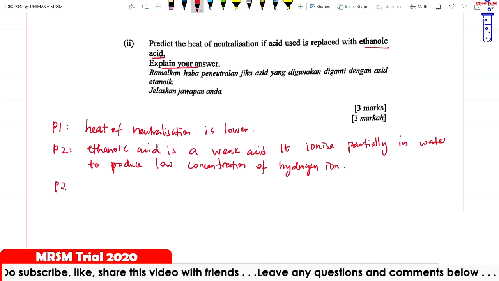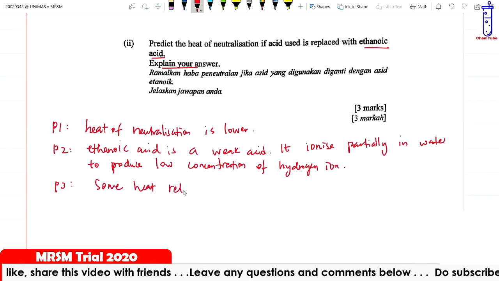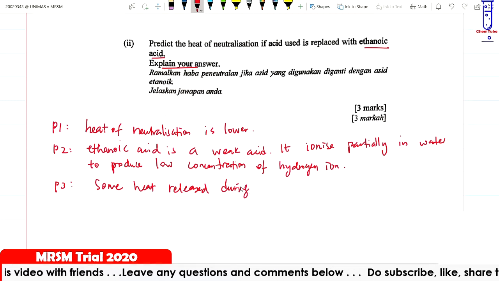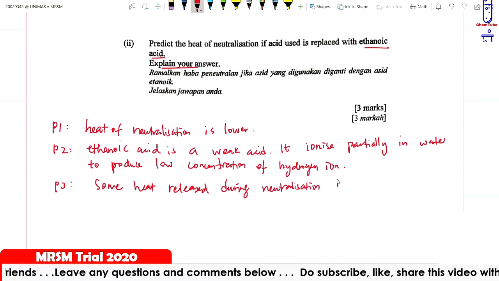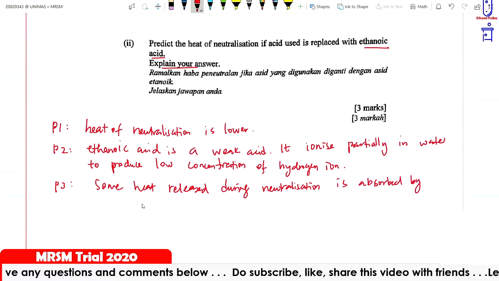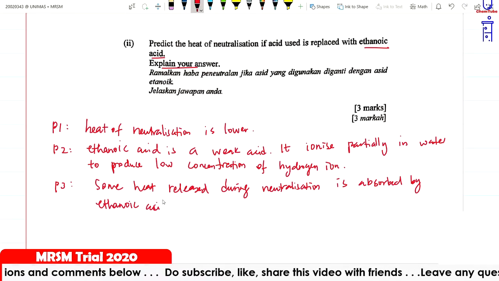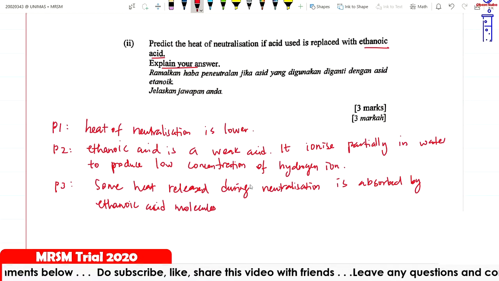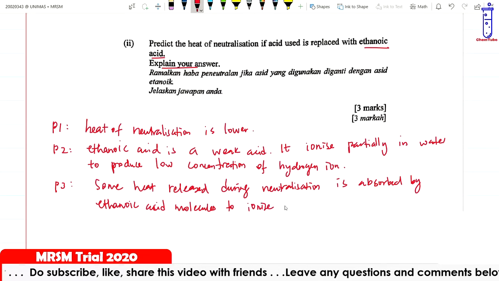Point number 3, some heat released during neutralization is absorbed by the ethanoic acid molecules to ionize completely.